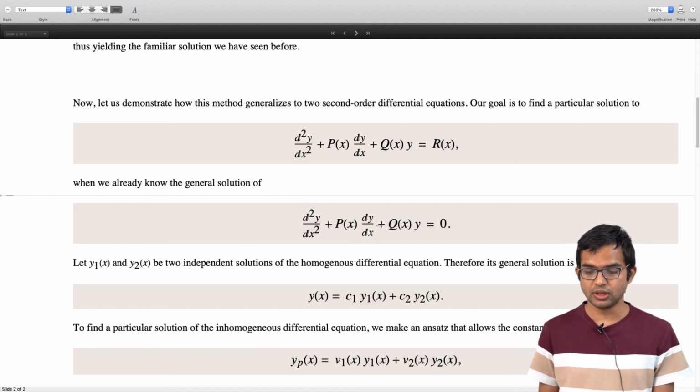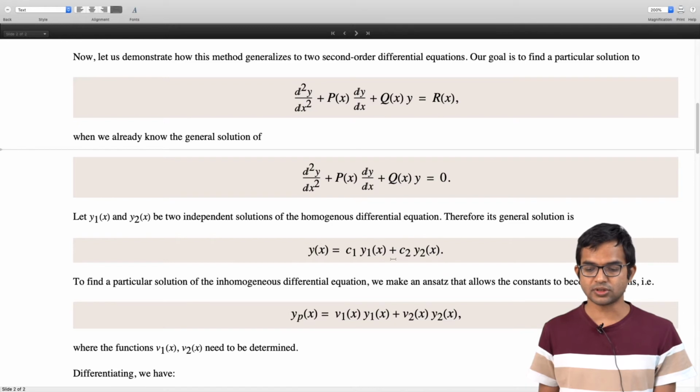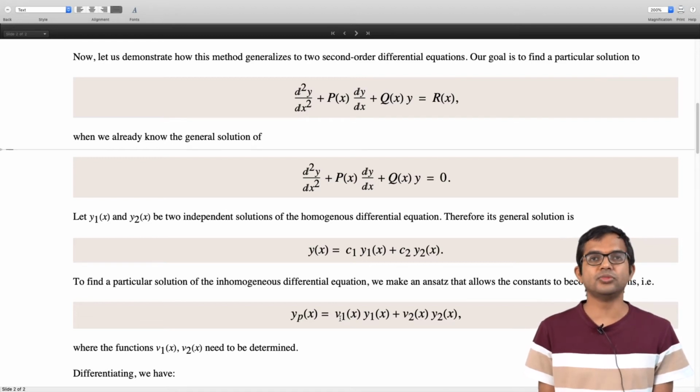So we consider an ansatz, we make this yp of x, a particular solution ansatz, as v1 of x times y1 plus v2 of x times y2 of x, where in place of these constants c1 and c2 we have some functions which are to be determined. There is some freedom about these functions, but it doesn't matter which particular function you find. If you can find one, we are done.